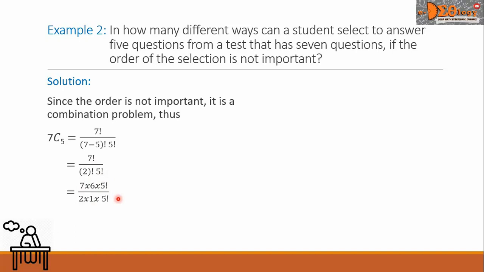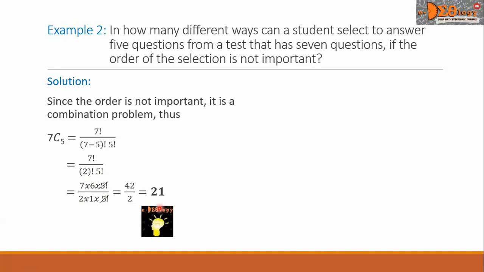We will keep it as is because we can cancel the 5 factorial in the numerator and in the denominator. There we go. So in the numerator, we have now 42 over the denominator, which is 2. And the quotient will give us 21. This is our final answer, where 7 items are taken 5 at a time.